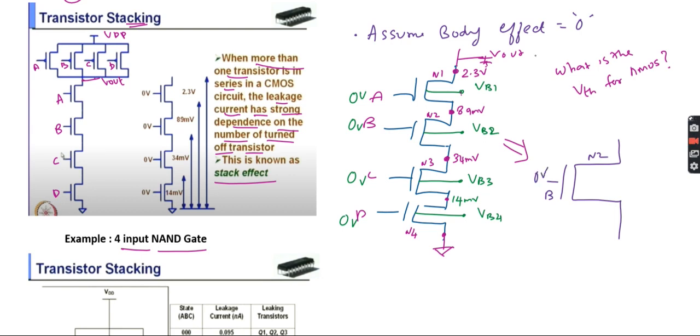I am giving 0 volt. Now this will be your VB2. This voltage is nothing but 8.9 millivolt. Then I have this connected. At this point the voltage is 34 millivolt, sorry, not 3.4, it's 34. That is 89 millivolt. Now you can see the threshold voltage of this transistor.